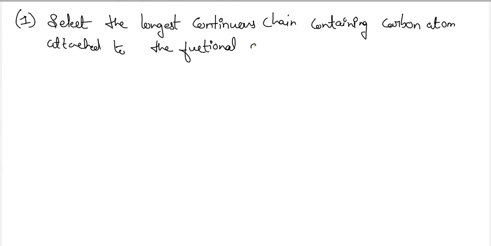Okay, attached to the functional group. So here the first thing is that we have to choose the longest continuous chain with the carbon atom which is attached to the functional group.